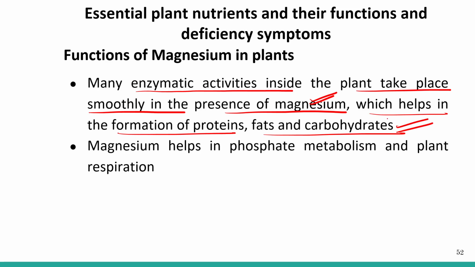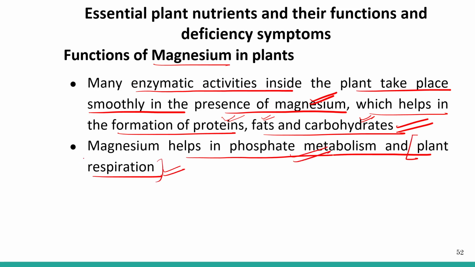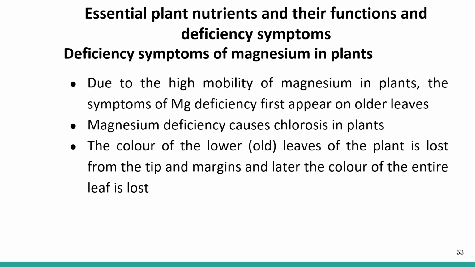So if there is a deficiency of magnesium in the plants, then the synthesis of protein, fats and carbohydrates will be affected. So many enzymatic reactions require this element, right? Magnesium helps in phosphate metabolism and plant respiration. So it is also affecting plant respiration and phosphate metabolism.